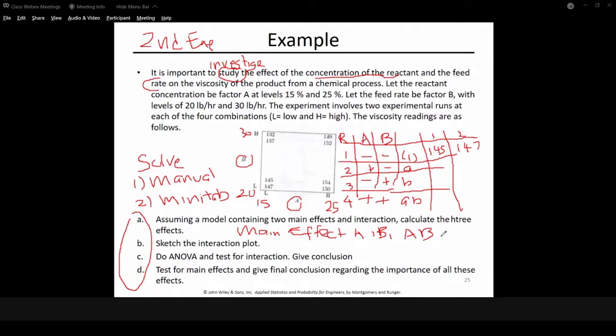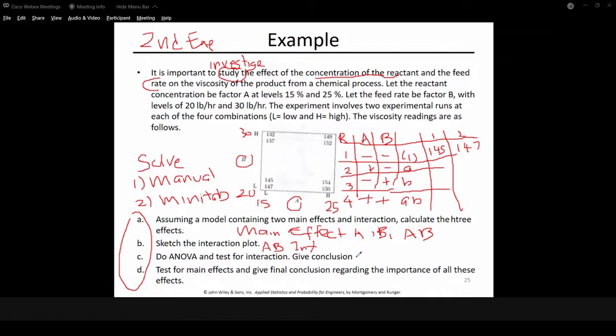Plot the AB interaction plot. Remember yesterday, I showed you how to construct the interaction plot for primer and application method.